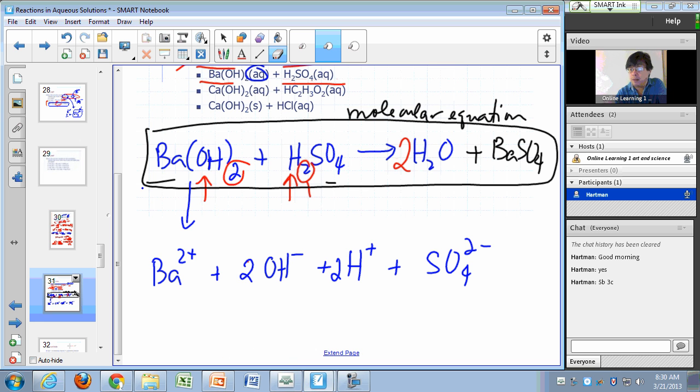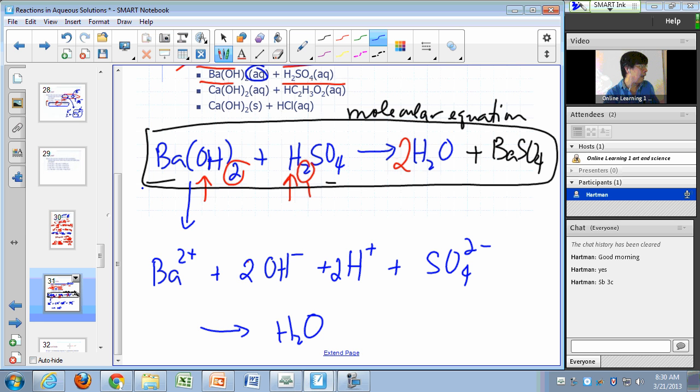Write it that way. And then my products would be H2O. Okay, so your H2O has to be written as one complete formula, right? Plus barium sulfate. Now, if you go back to your solubility rules, you'll find that barium sulfate is insoluble in water. So you would expect that to be a precipitate.